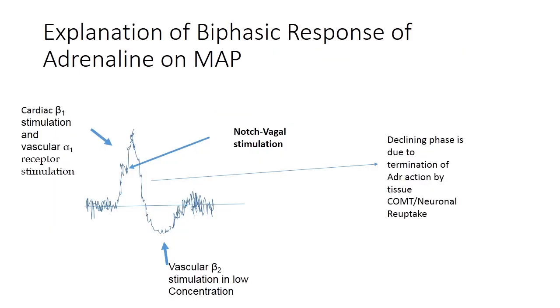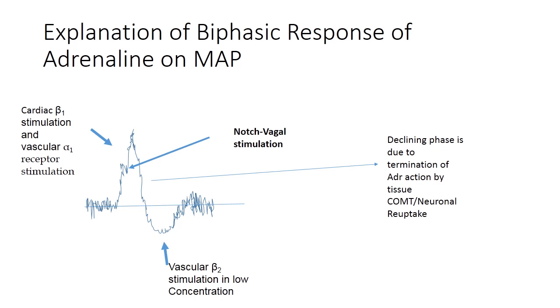Now the biphasic response of adrenaline is classically seen as drawn here. The initial phase of rise is because of cardiac stimulation and vascular alpha 1 receptor stimulation. When the blood pressure is rising there is a notch because of reflex vagal stimulation, but the rise continues because of continuous vasoconstriction.